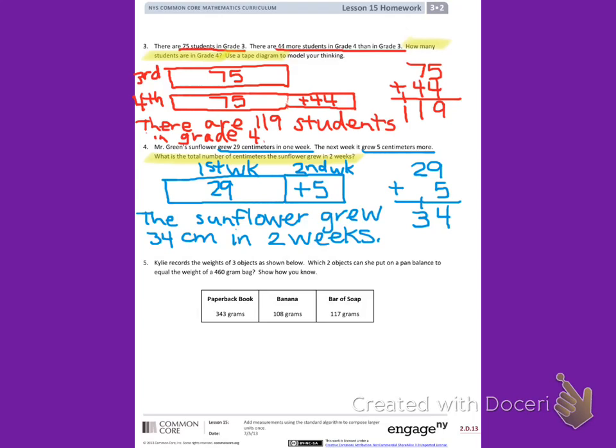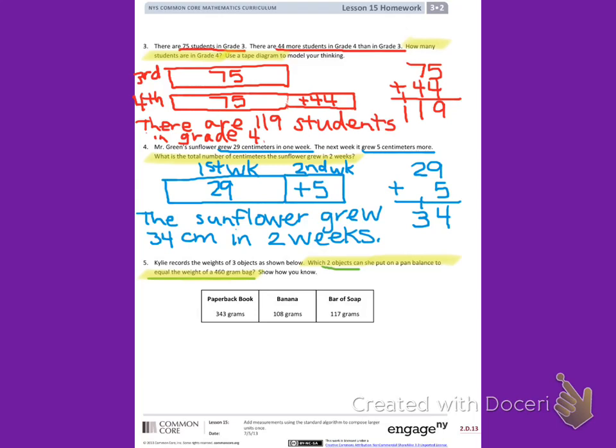Which 2 objects can she put on a pan balance to equal the weight of a 460-gram bag? I think 2 objects and equal the weight of a 460-gram bag is important. Now I'll highlight that entire question so I don't forget to answer it in words. Because I underlined 2 objects, I know that I need to be adding 2 objects together.